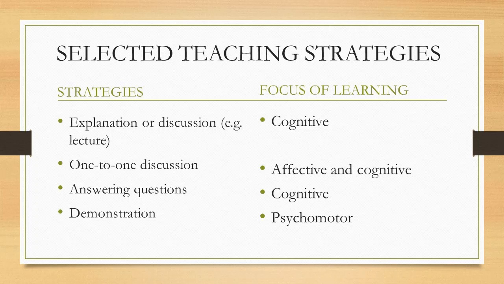Let us see now the selected teaching strategies we can use in teaching our clients. Here we have to understand that the major types of learning consist of the cognitive, which is our intellect, affective, which is our feelings and emotions, and psychomotor, which pertains to our skills. So one is explanation or description.